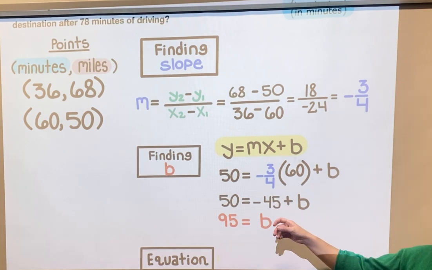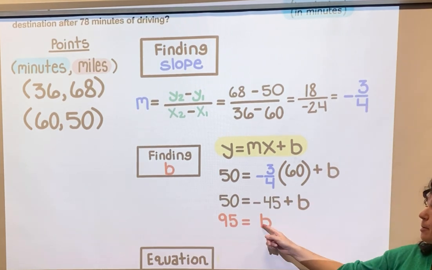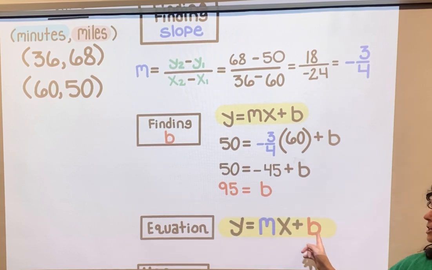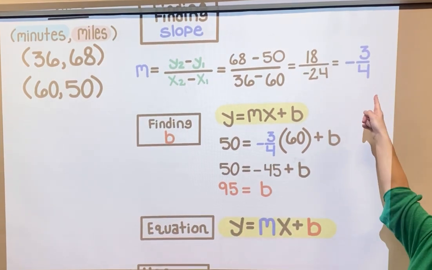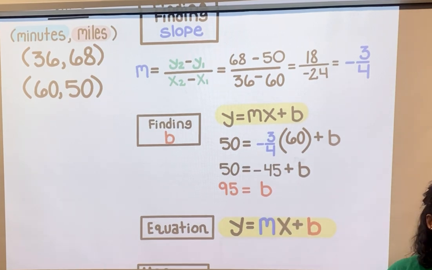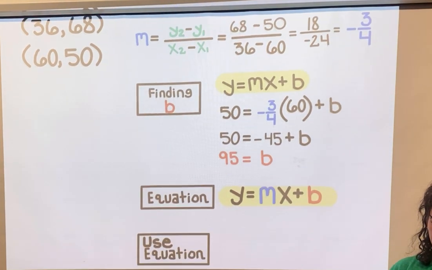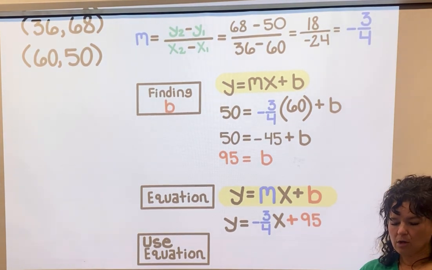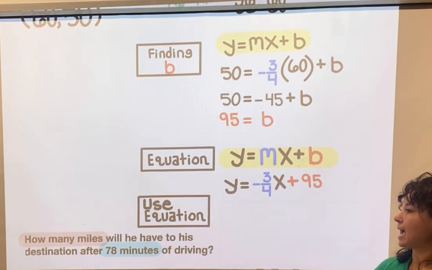So now that I have my m and I have my b, I have everything I need to write the equation. I'm going to replace the m with negative 3/4 and the b with 95. So I have my equation, and finally, I'm going to return to the question that was being asked.